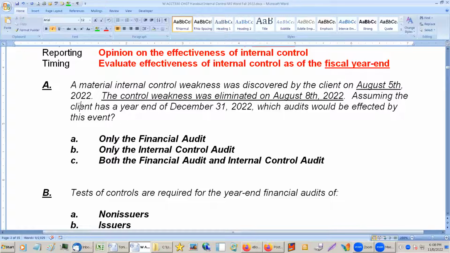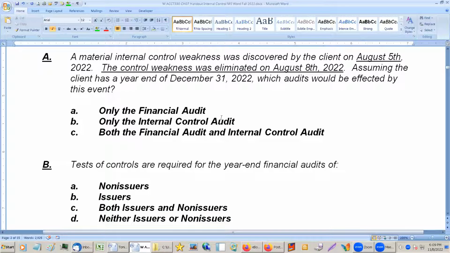Assuming the client has a year end of December 31st, which audits would be affected by this event? Anyone? You put it in the chat.